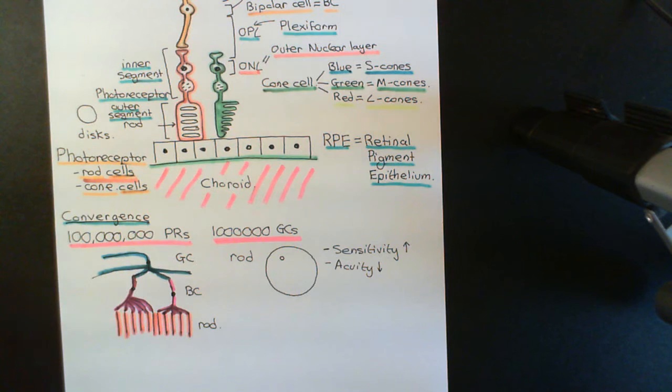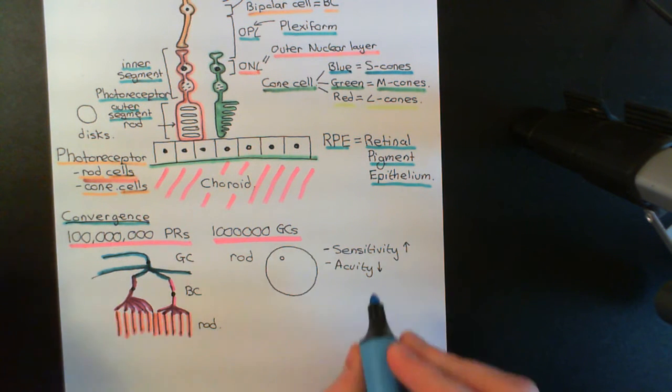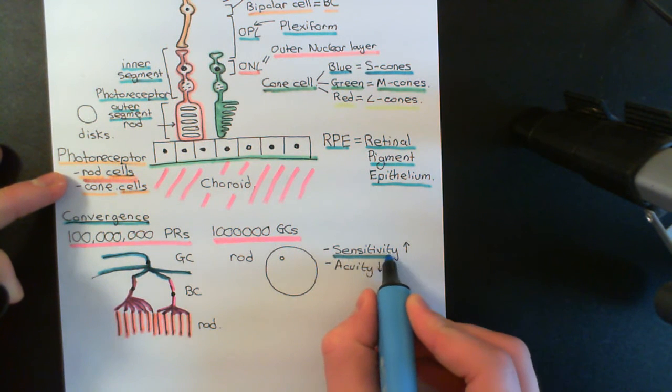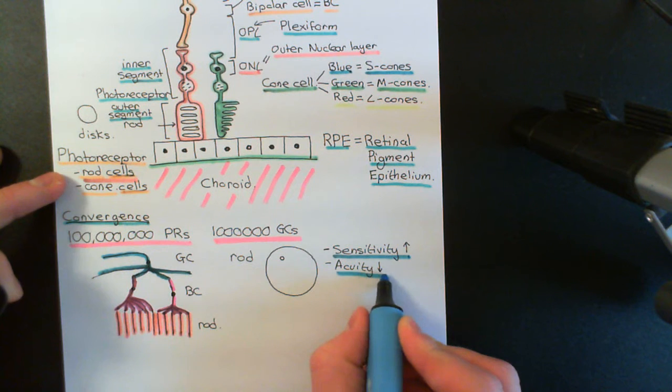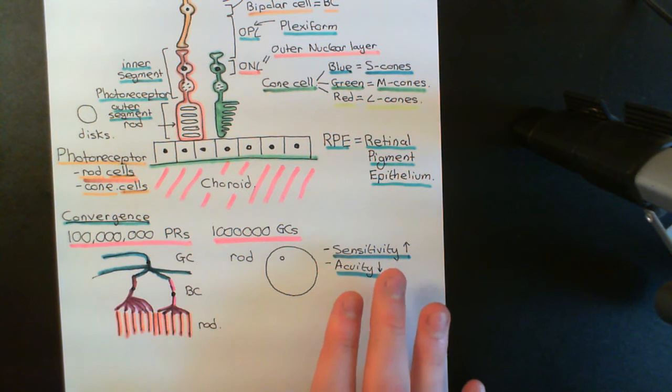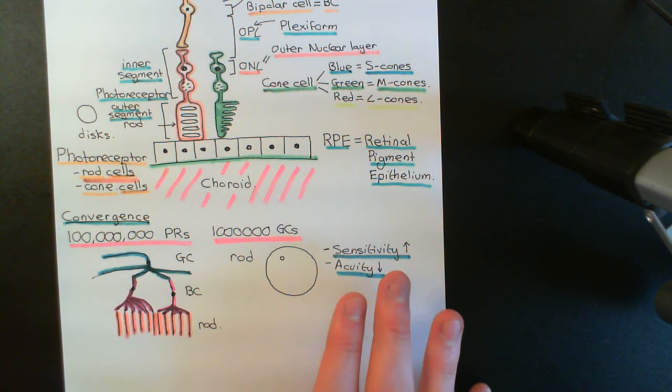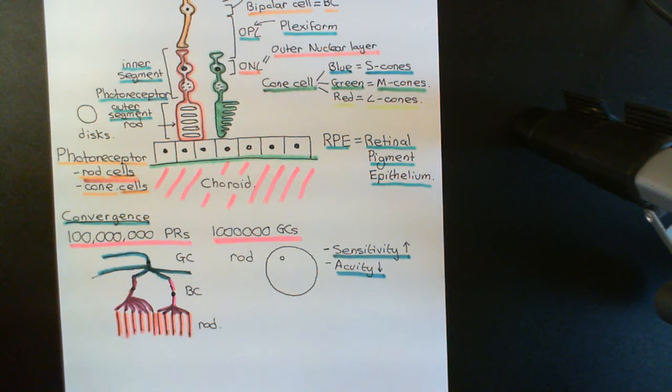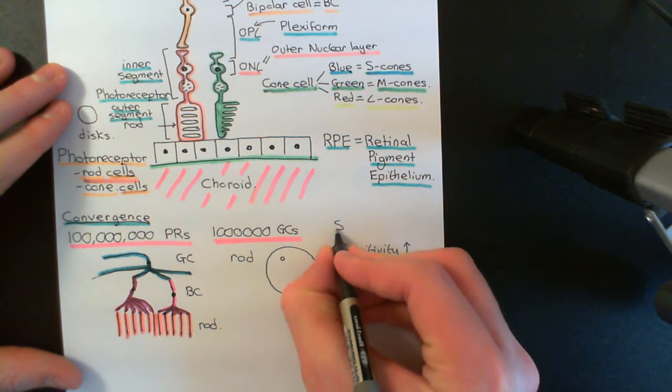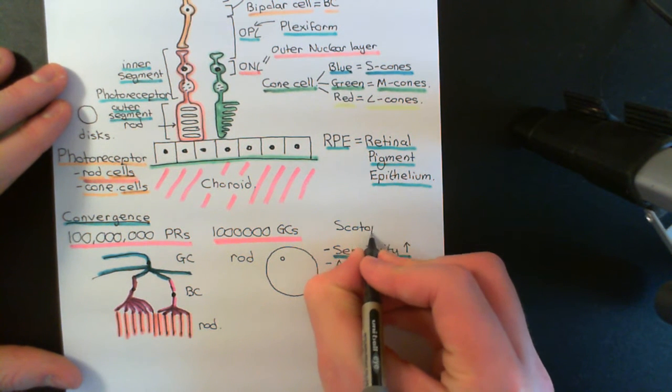So the rod system then has very high sensitivity but low visual acuity, and this is the reason that the rod system is very good at seeing under low light conditions, so under what we would call scotopic visual conditions.